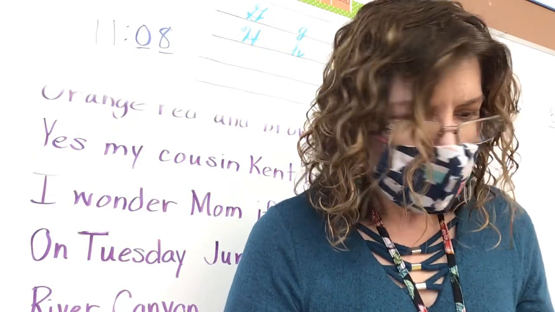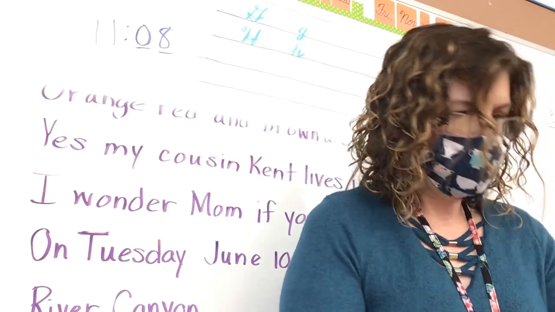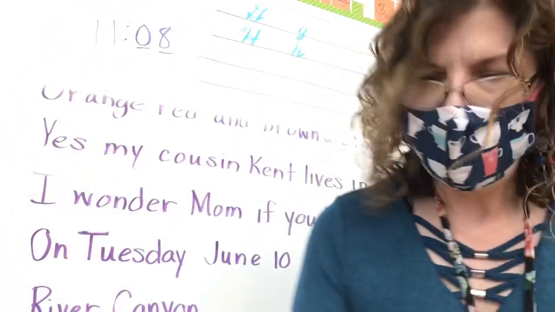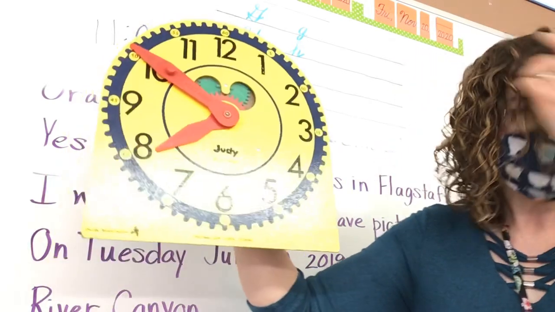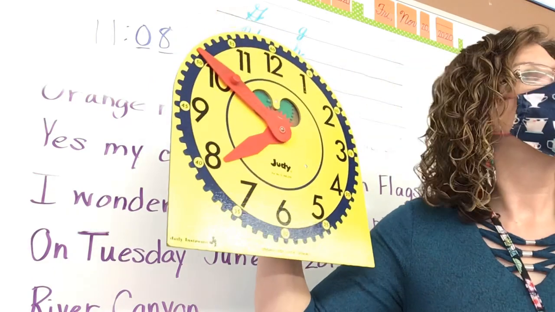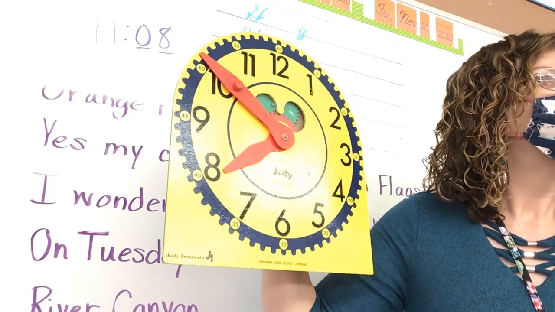Okay? Next one looks like this. Nope, not that. Sorry, I looked at it wrong. All right, it looks like this. Jonathan, sit up. Get your chair up under you.